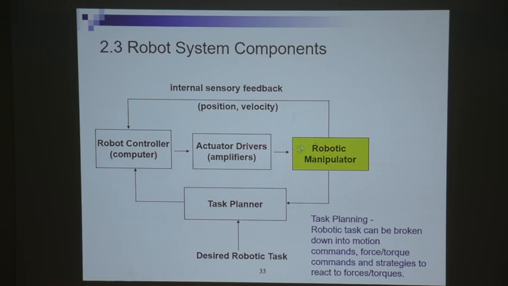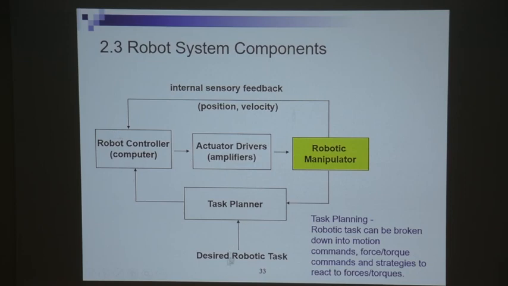For the robot manipulator itself, you have the actuator, the driver, and amplifier to drive the robot manipulator. Then you have sensors that provide the internal sensory feedback on position and velocity. And then the controller can be a computer, so a robot controller, which is typically a computer.